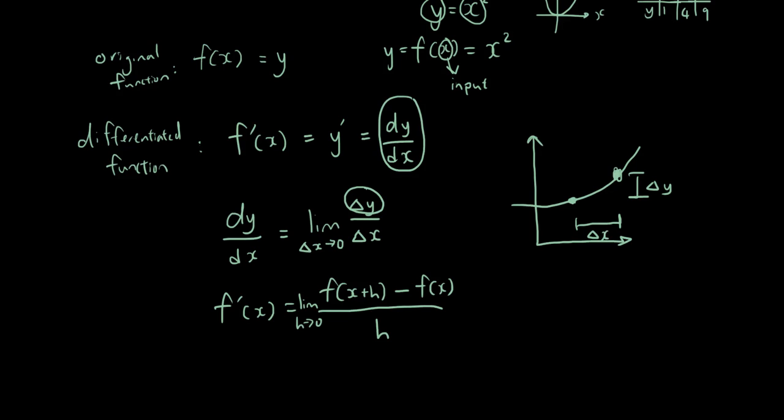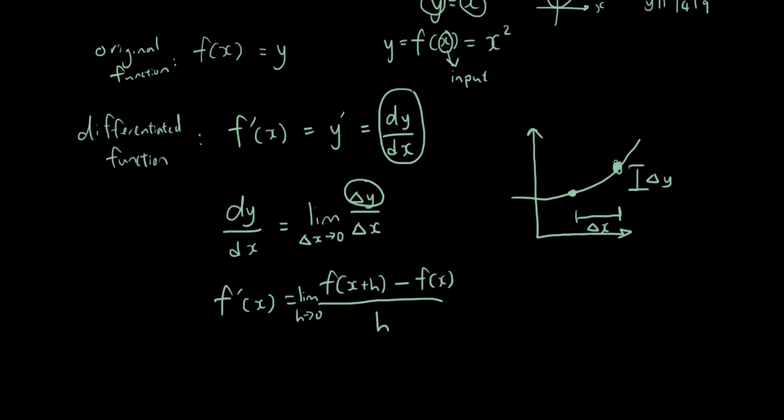And basically the instantaneous rate of change is when the 2 points come so close together that the change in x approaches 0. Exactly the same thing as when we talked about differentiation using first principles.